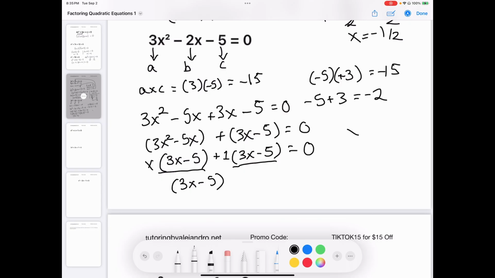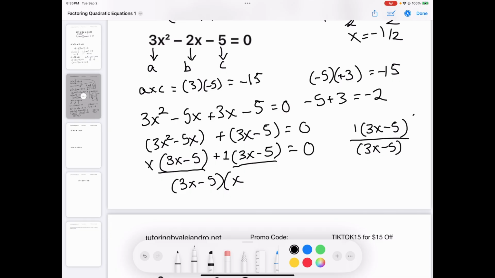So again, illustrating the first term, x times 3x minus 5 divided by 3x minus 5. They cancel out, and we're left with x. And now we have, let's call it, 1 times 3x minus 5 divided by 3x minus 5.